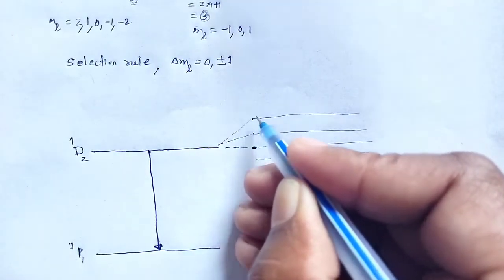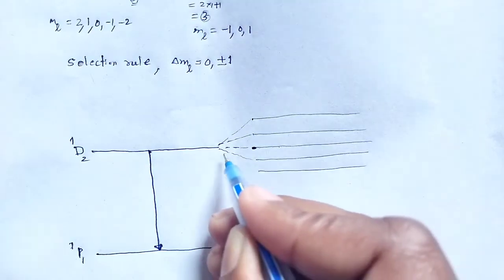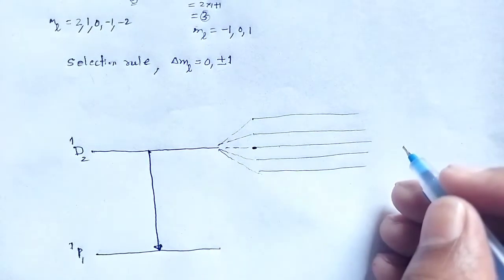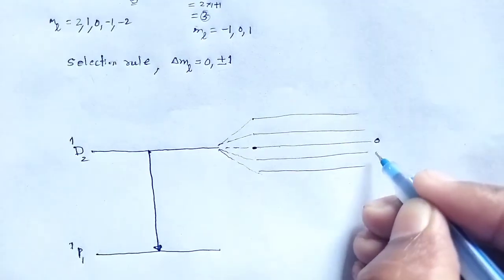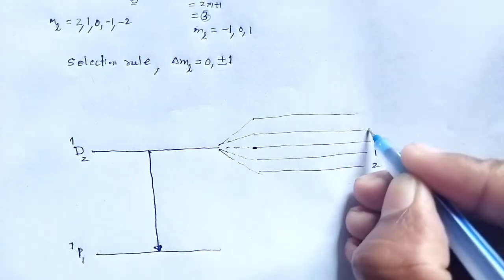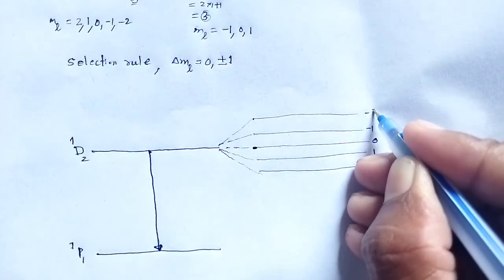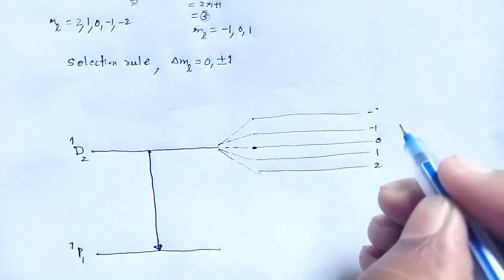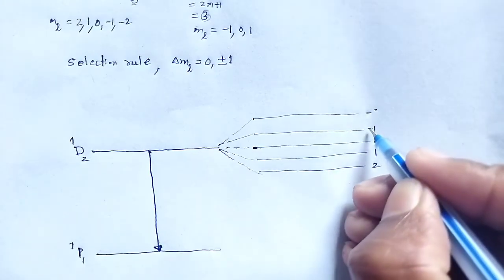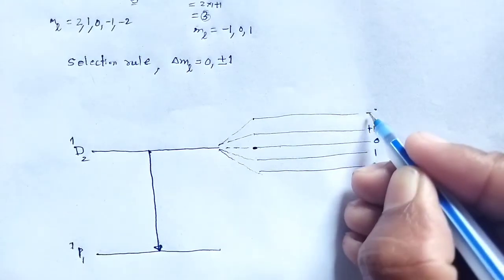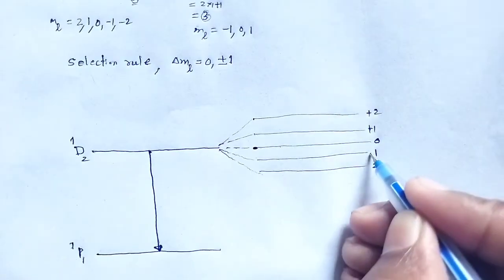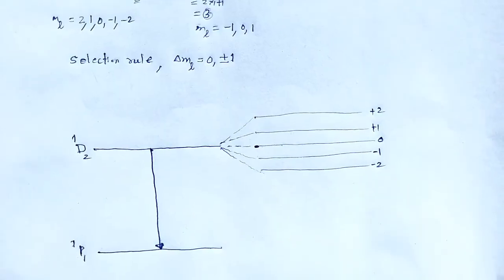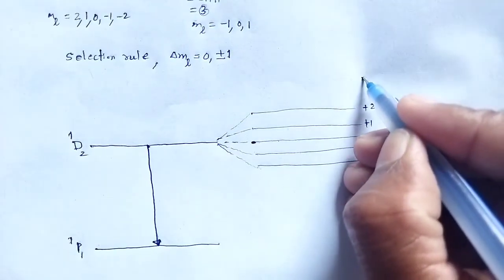These are the spectral lines when we apply an external magnetic field. The splitting looks like this, that is 0, 1, 2, -1. Let me choose the upper half as plus, that is +1, +2, and here -1 and -2. Okay, these are for ml.